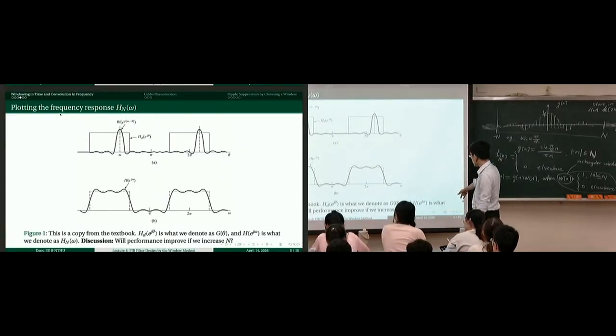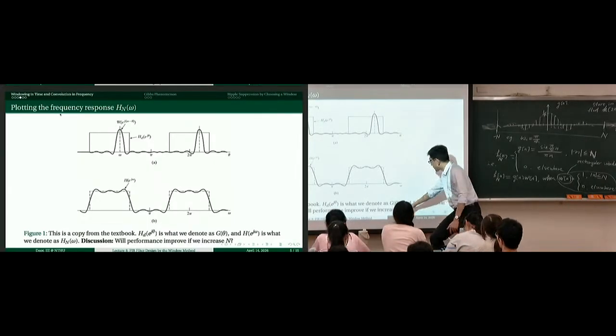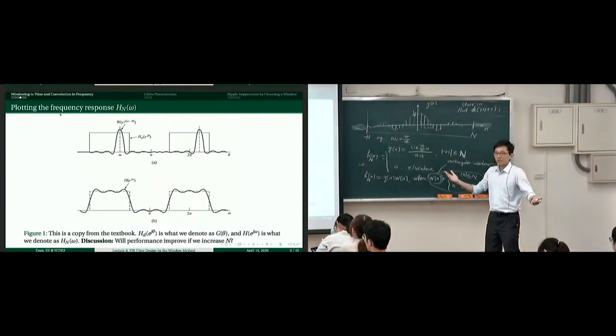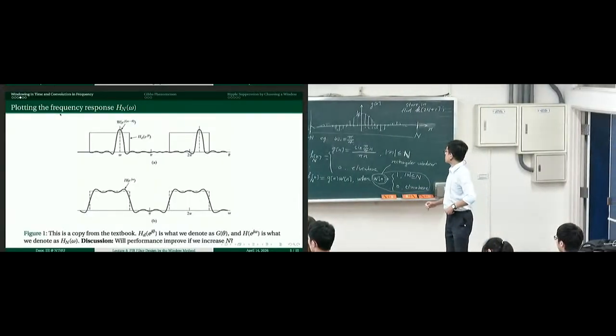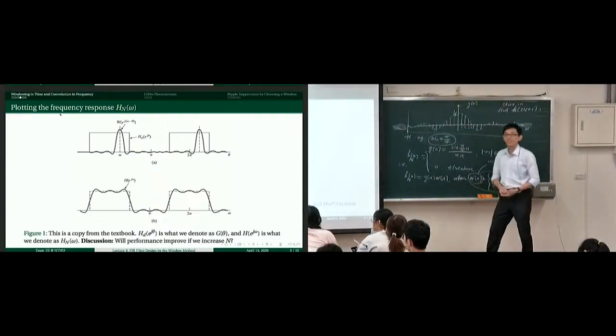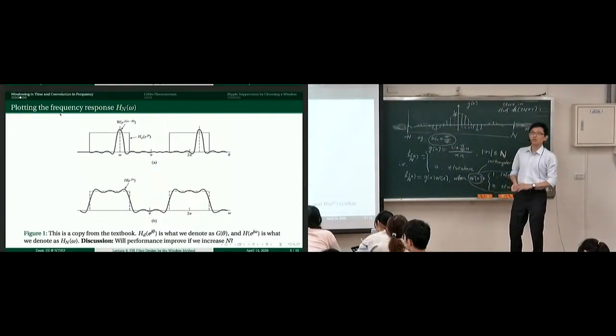So next week when we come back, let's have a discussion. We want to predict the performance when we increase n. How long is n enough? If you want to design, as Stephen suggested, a filter with a cutoff frequency. Thank you, Stephen, for the proposal.